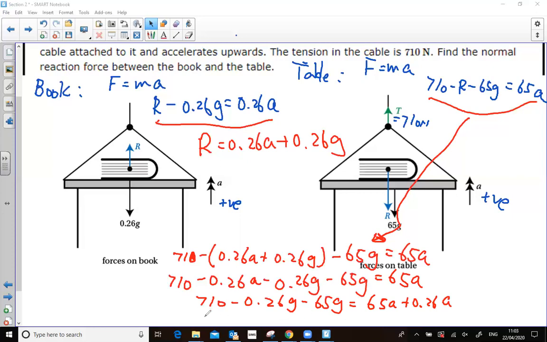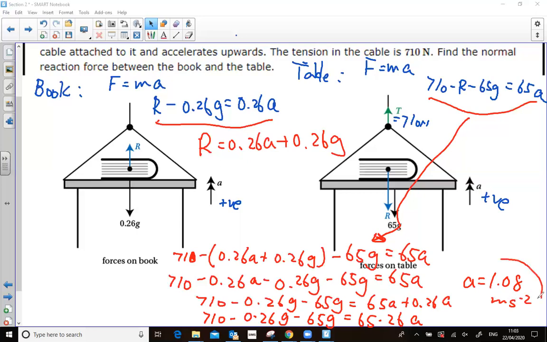So 710 minus 0.26G minus 65G equals 65.26A. And on the left hand side, replace G with 9.8, and you can put it into a calculator and find out the value, and then divide it by 65.26, and then you will get your acceleration A equals 1.08 meters per second squared.